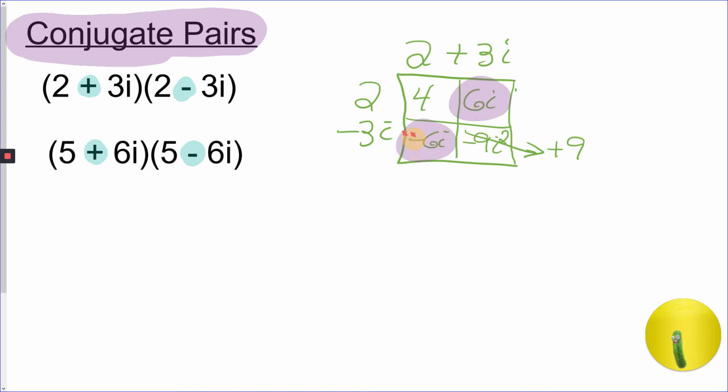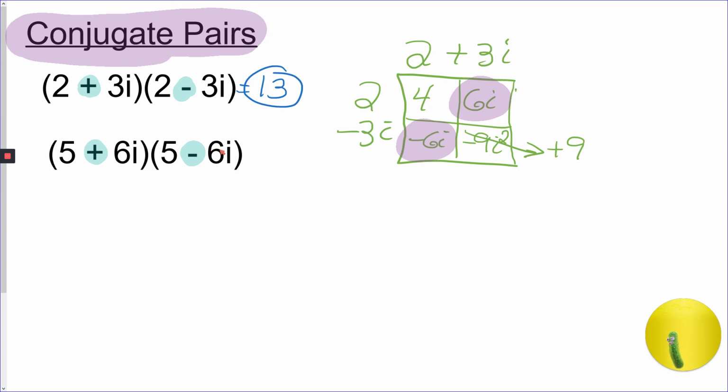The 6i and the minus 6i, it cancels out all the i's. So that's what happens every time on conjugate pairs. So in this conjugate pair, it's just 9 and 4, it's 13. So this is just 13. And a conjugate pair will always give you just the real part and cancel out all the imaginary parts.